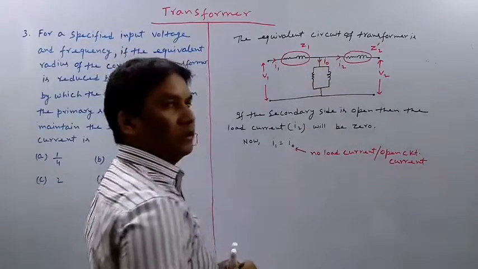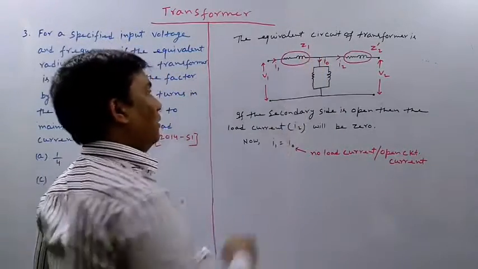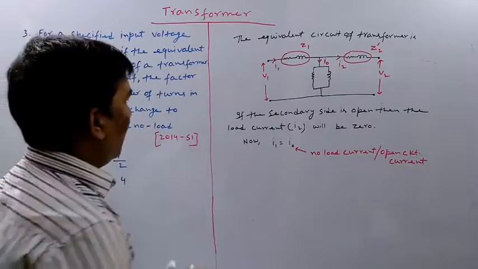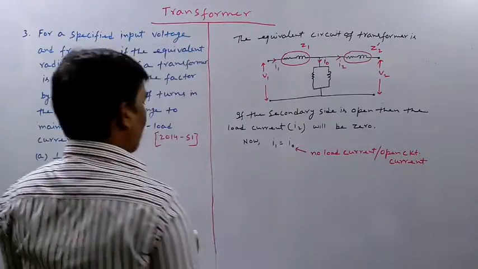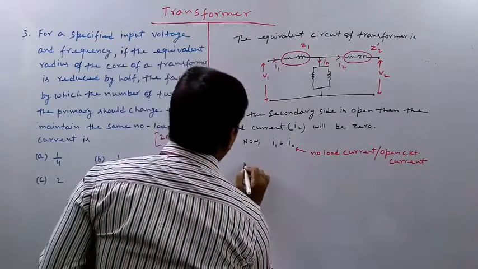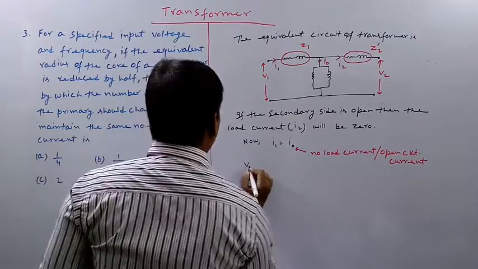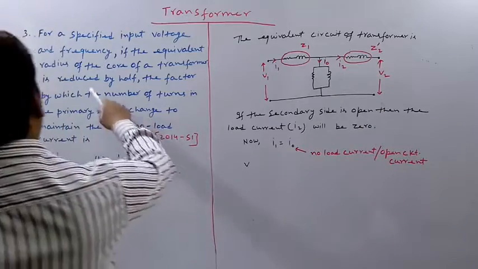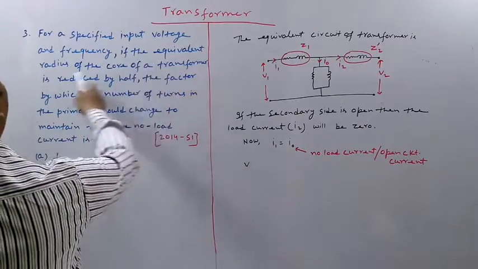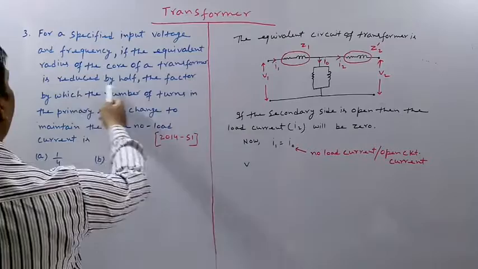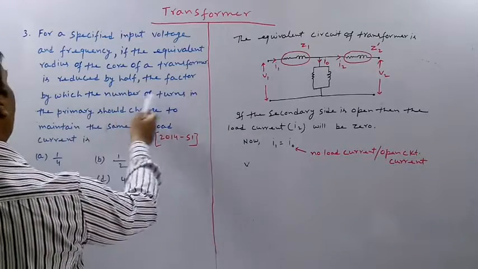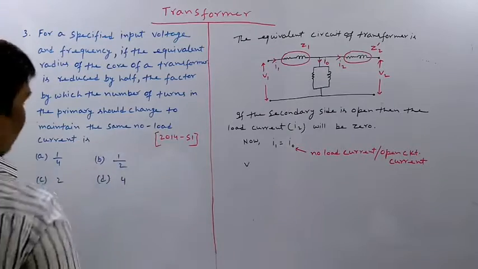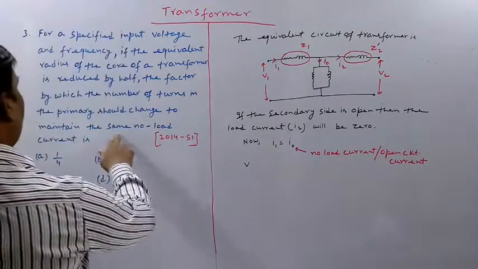That I naught is flowing through this coil. Now what is the value of V1? The question is saying that if the equivalent radius of core of transformer is reduced by half, the factor by which the number of turns in primary should change to maintain the same no load current.